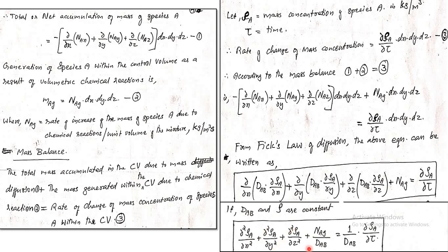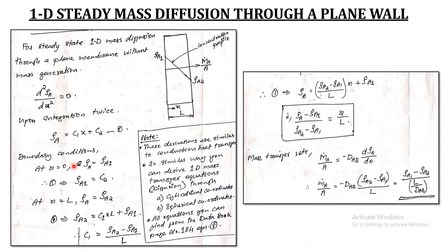This term, there is no mass generation, so this term is zero, and it is steady state. Because of steady state, this term will also be zero. So your equation reduces to ∂²ρA/∂x² equal to 0, that is d²ρA/dx² equal to 0, because it is one-dimensional mass diffusion.